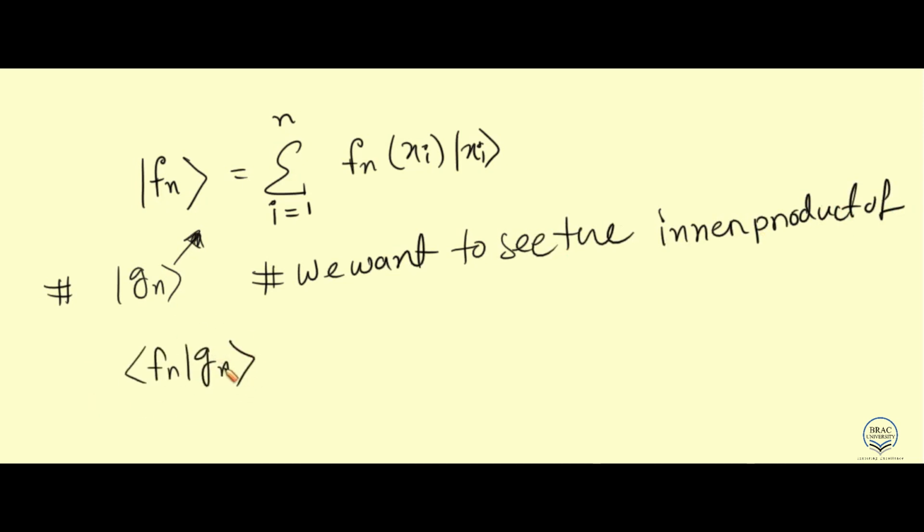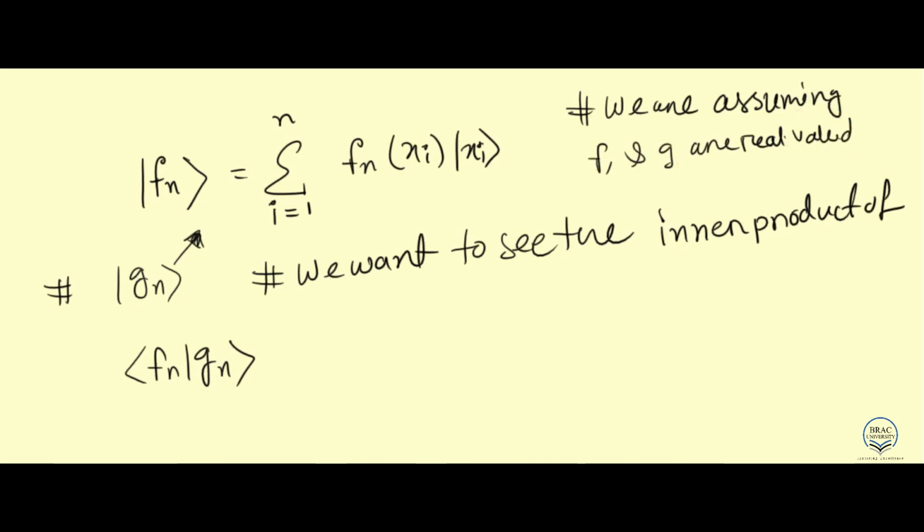So far we are also considering that these functions are real valued, so let's write it down that we are assuming f and g are real valued functions, and we'll take the general case a bit later.